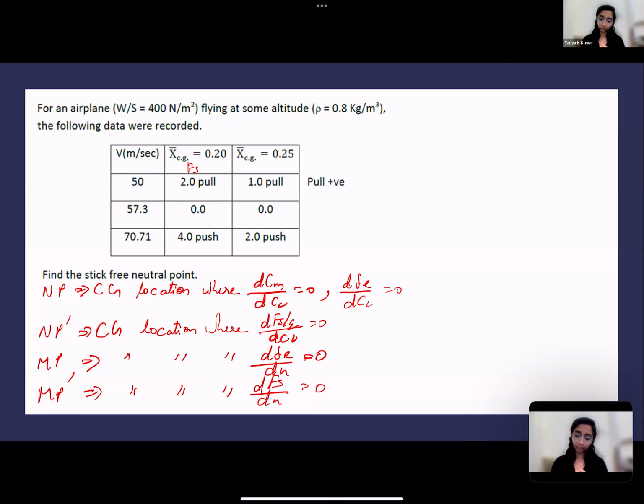Here they've asked you stick free neutral point, which is this condition: dFs by Q by dCL equal to 0. So how do you go about doing this? Take a moment, read the question, see what data is given to you, and tell me how to proceed.